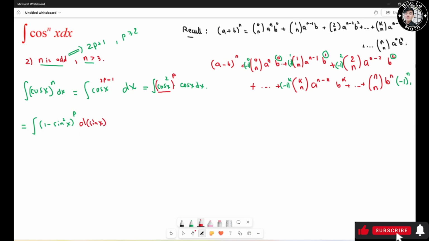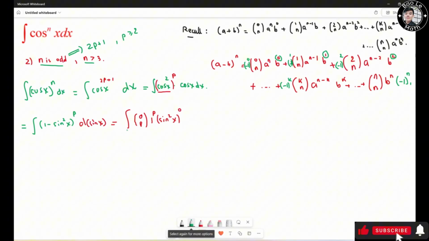Now, I use the binomial theorem right here. I need to expand this, right? So this turns out to be the integral of the combination of 0, p, 1 raised to the power of p, sine square of s all together raised to the power of 0.